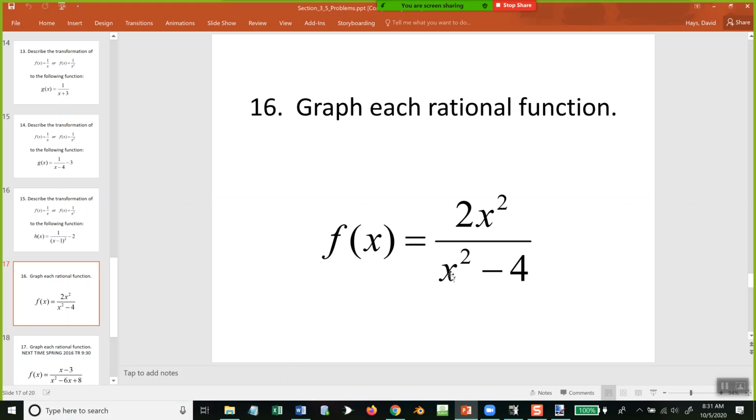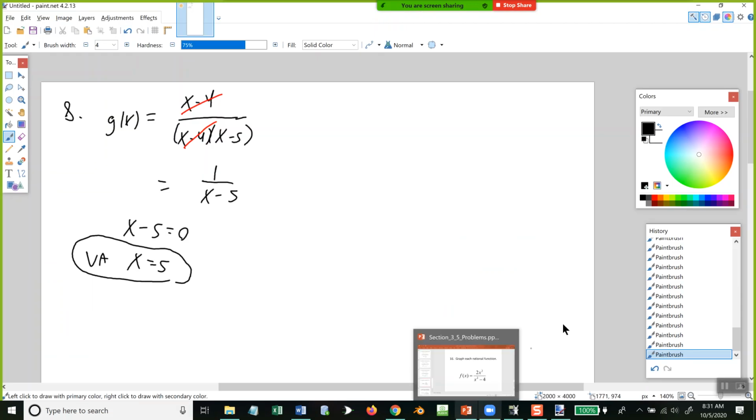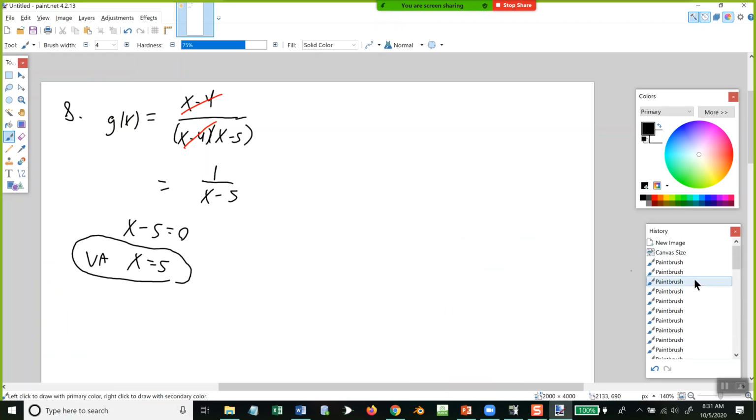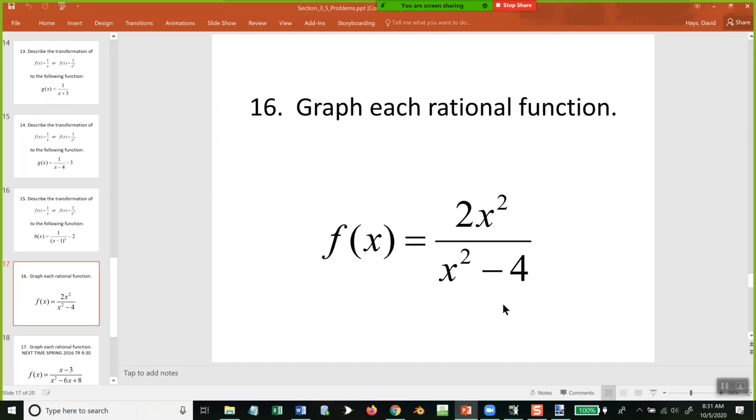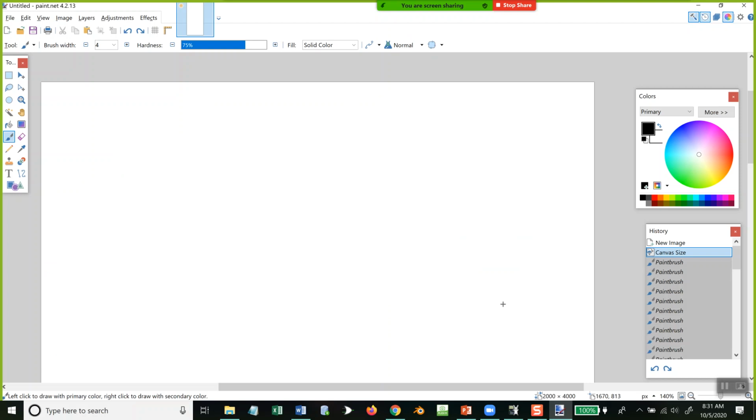Now to graph these. Let's see, number 16.